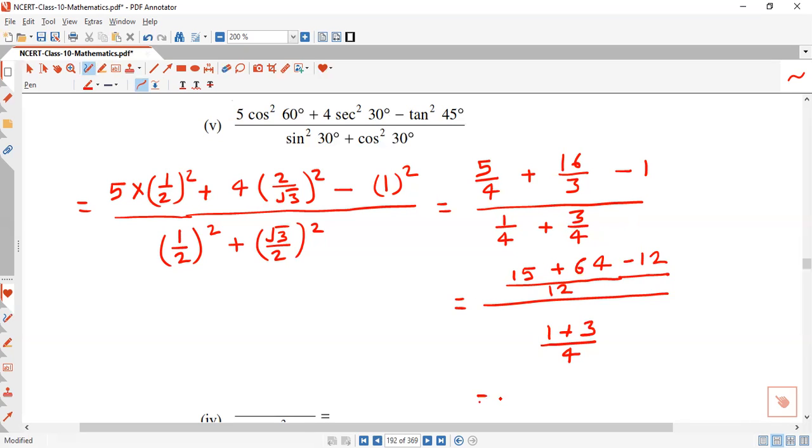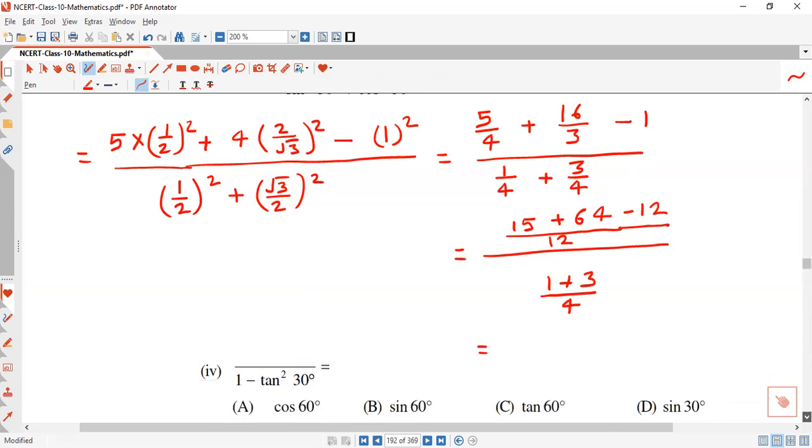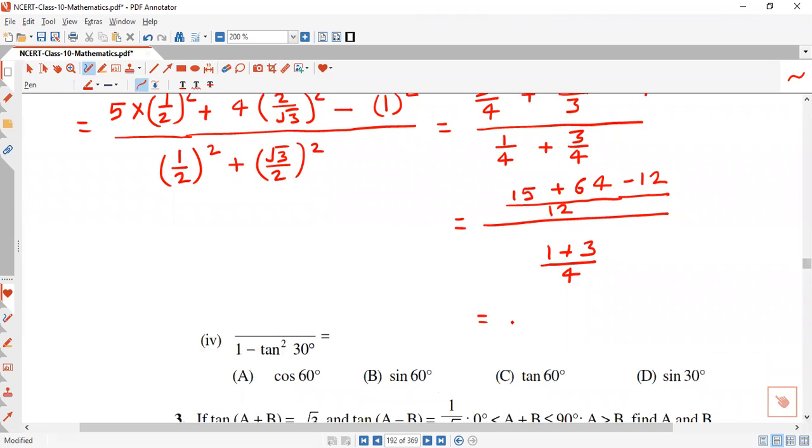All right, see this one in the next slide. In the numerator side, we add all the numbers: 15, 64, and minus 12. So we are adding, we get 67 upon 12. And here 4 by 4 comes out 1 by 1. So 67 by 12 is the answer for this question.